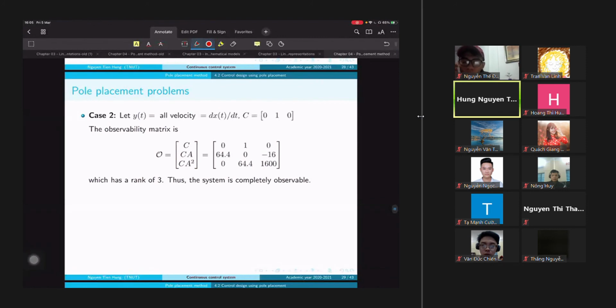In this case, you see that you get C again, output y equals C x.